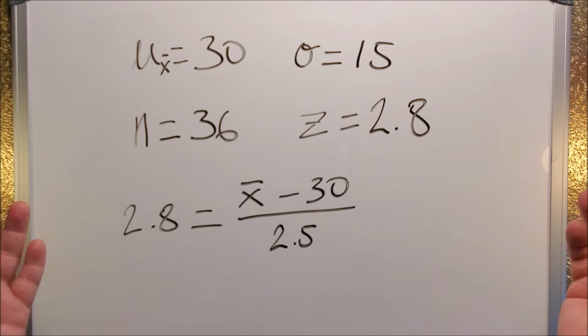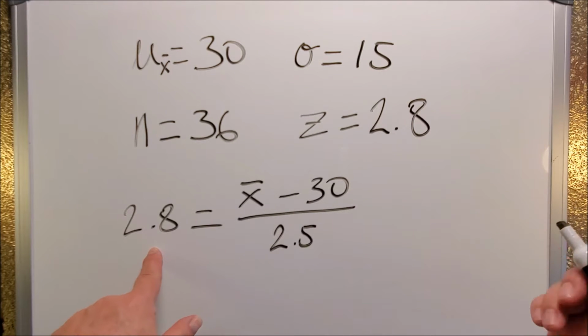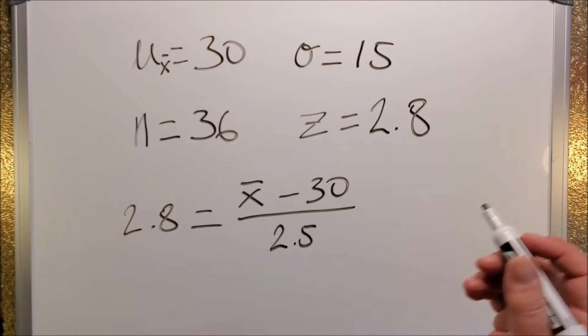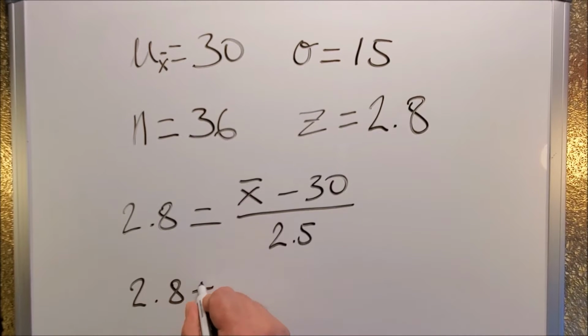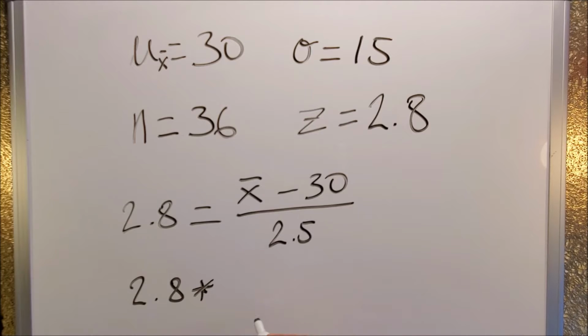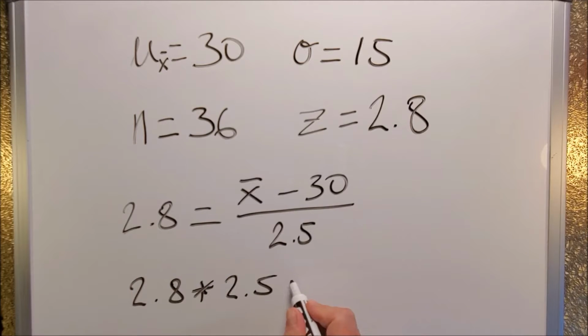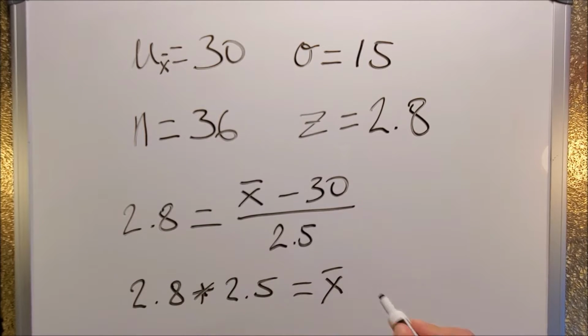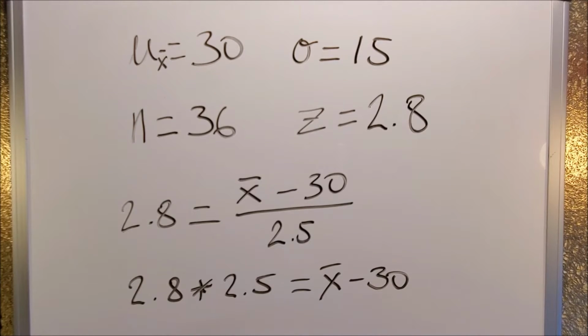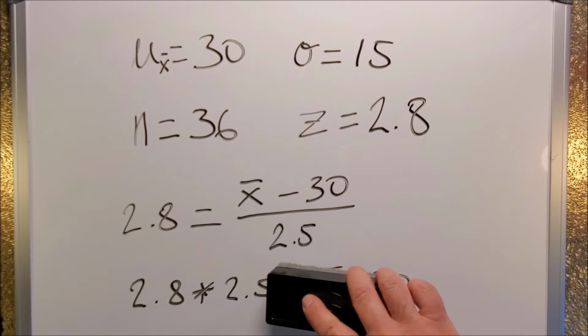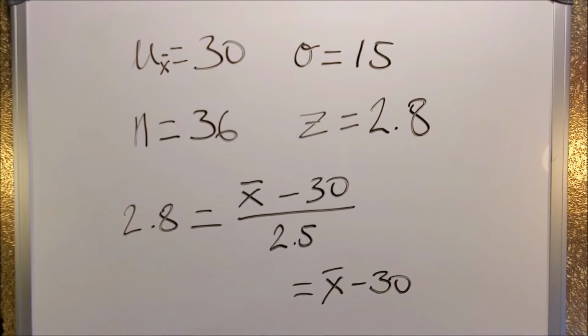This is just algebra. I'm going to multiply both sides by 2.5. 2.8 times 2.5 must equal x bar minus 30. Well, 2.8 times 2.5 is 7.